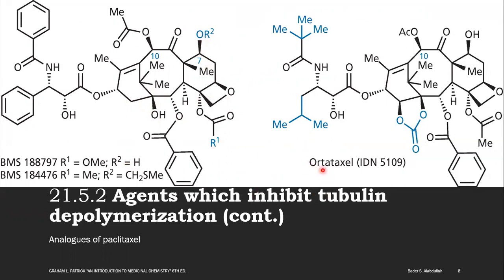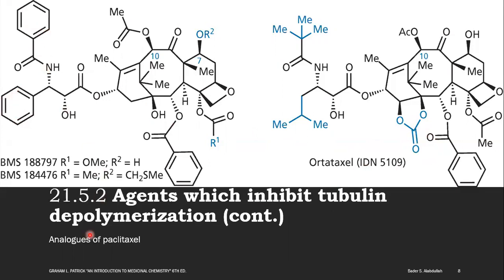The orthotaxel, which represent the first orally active analog of the paclitaxel, the taxoid, has this group here, and they change both.